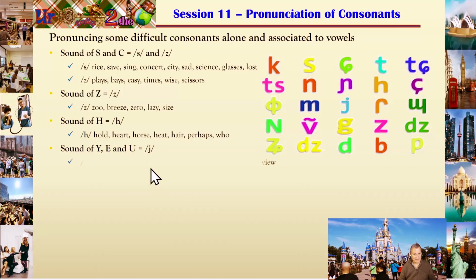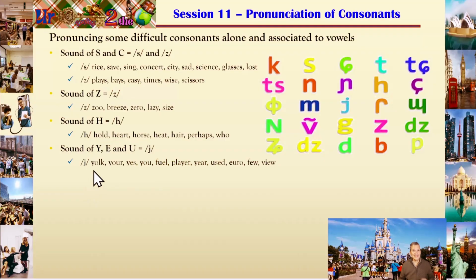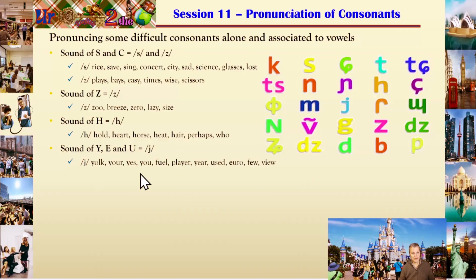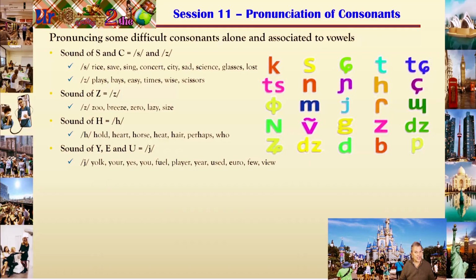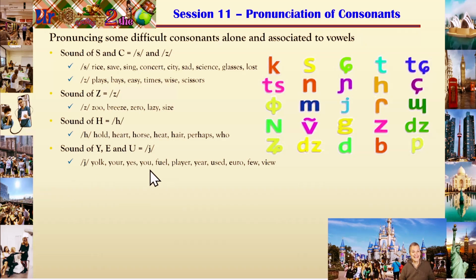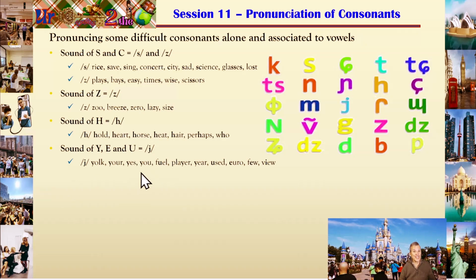Let's now go with the sounds of Y, E, and U, which is pronounced like E, right? Let's see. It's pronounced like an E. For example, in the first one we say yoke, as if it were an I, right? Yoke, yo, yes, you, fuel.